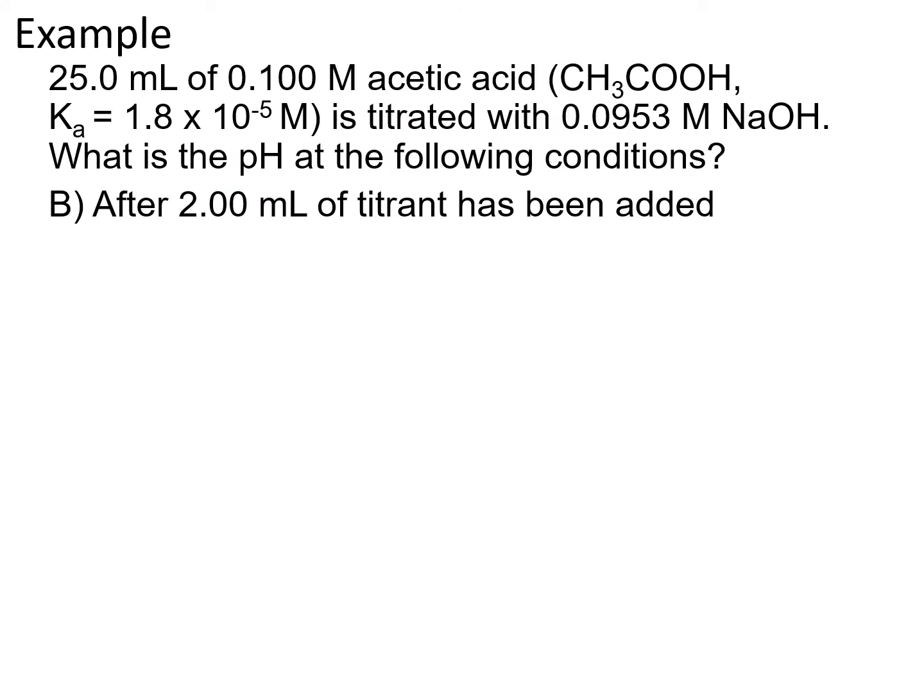Now I've added some base to this. So this is going to feel like a buffer question, because I don't have any of its conjugate base present, but by adding base to it, I'm going to make some. In order to figure out how many moles are remaining, I will need to use stoichiometry.